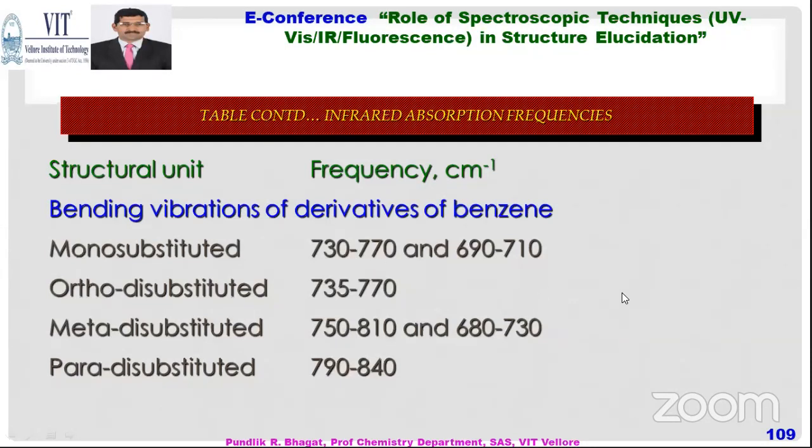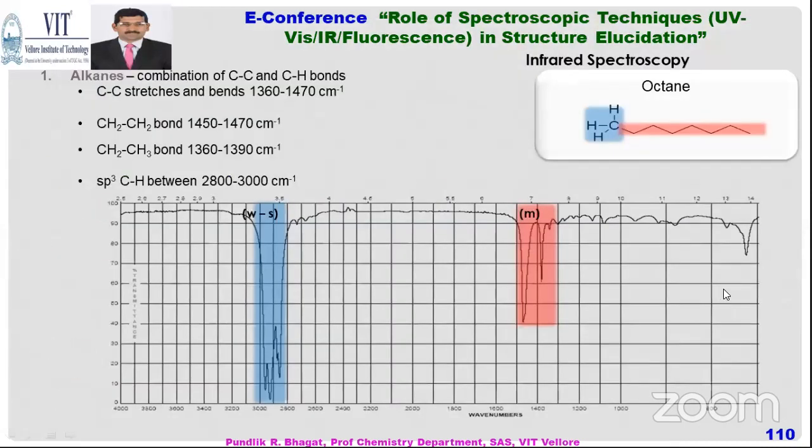Of course, you need not mug up everything, but the five regions which I told you, keep them on the table, and always, before checking your spectra, keep all the spectral data in front of you. So automatically all the approximate figures you can remember, and it will help to determine the structure of the compound. For example, see here the octane, which has only sigma bonds.